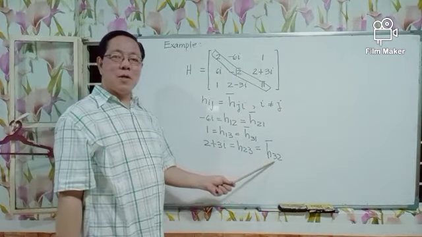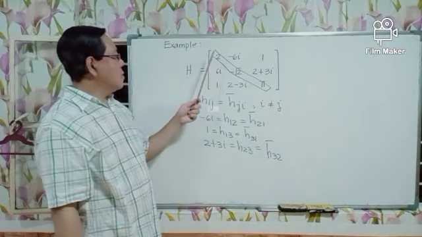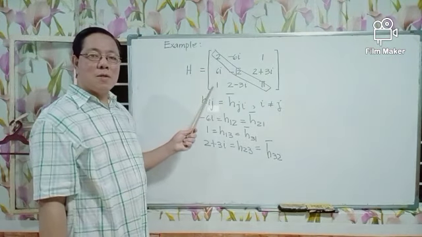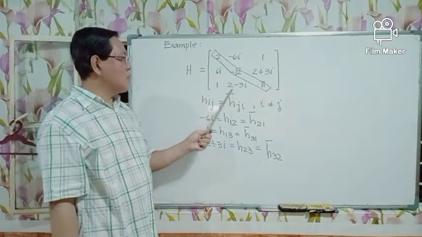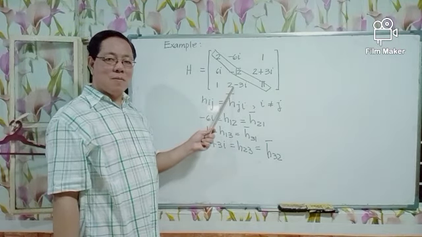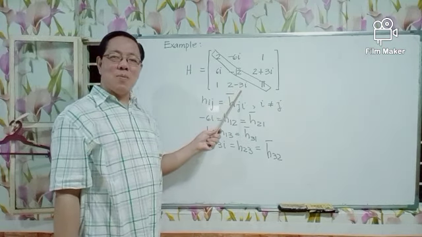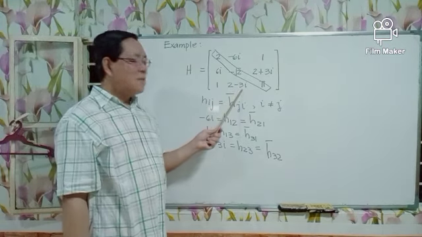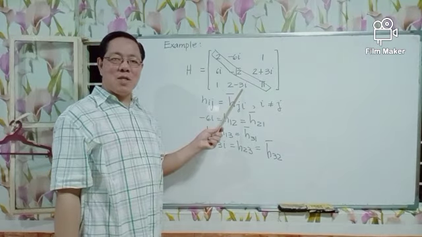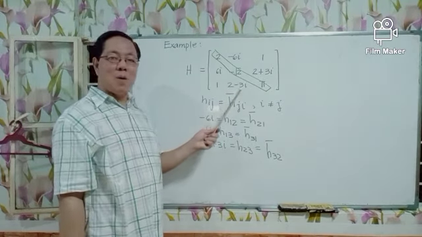The entry in the third row and second column is 2 minus 3i. And the conjugate of 2 minus 3i is obtained by taking the opposite sign of the imaginary part of this complex number.